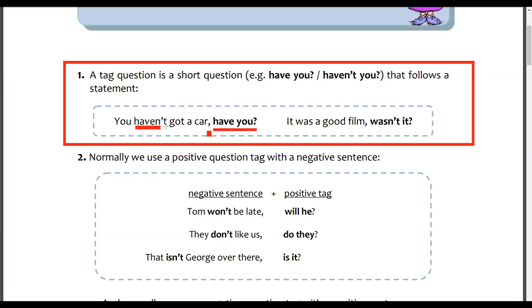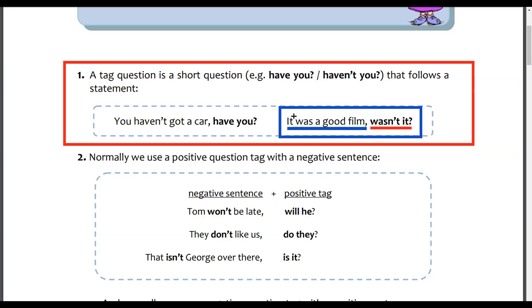Very good. So let's see this on the other example on the right. Here we have a positive statement, which is it was a good film. Up to there, everything is positive. But after the comma, it's going to go the opposite way.